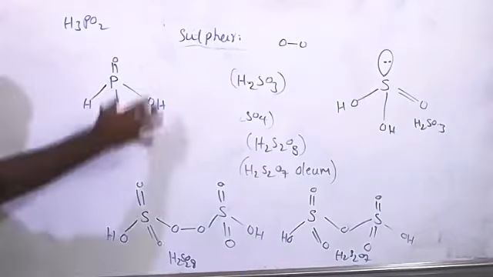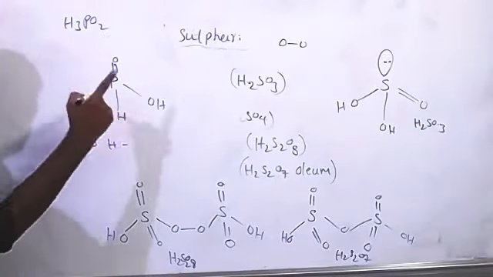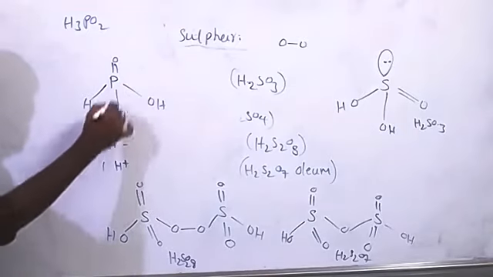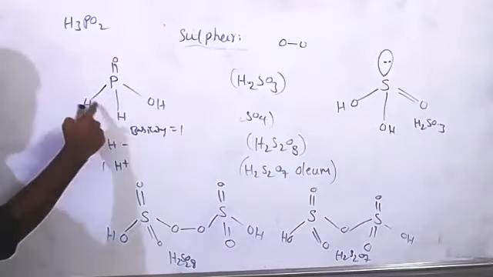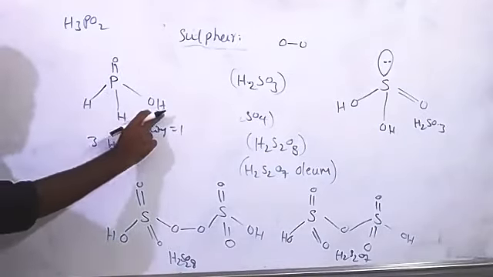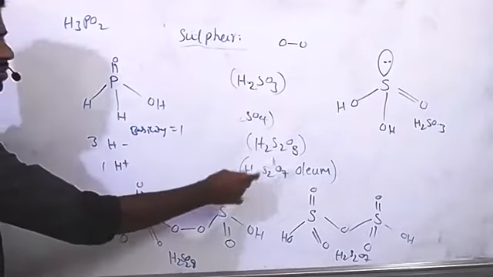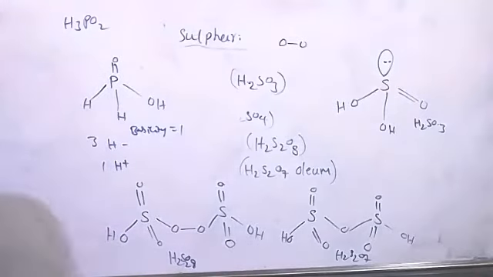Although the whole molecule has 3 hydrogen atoms, it can donate only 1 hydrogen as H+. That is its basicity, 1 only. These 2 hydrogens it can't donate; only this hydrogen is donated as H+. So basicity is 1. In oxo acids of sulfur, each oxo acid has 2 hydrogens only, attached to oxygens, so it has basicity 2.